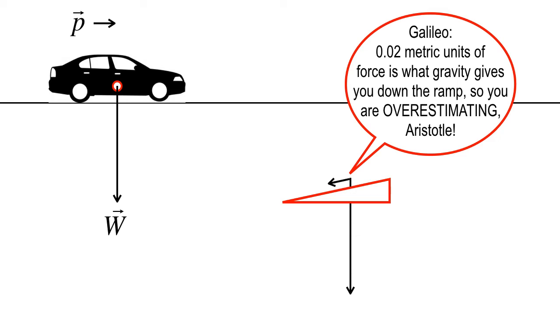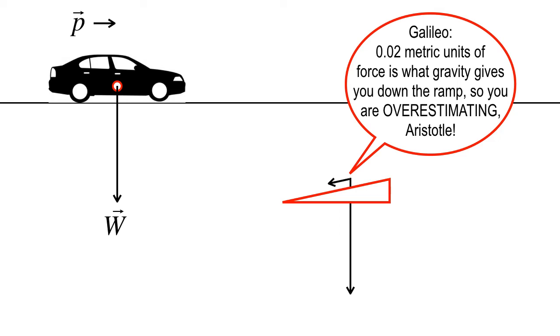And this triangle here, let me turn around here. This triangle here is the 2 black arrows. Those are in the ratio of 5 to 1. And so is this ramp that you built, 5 to 1. And Galileo is saying 0.02 units of force is what a ramp uses for the speed.